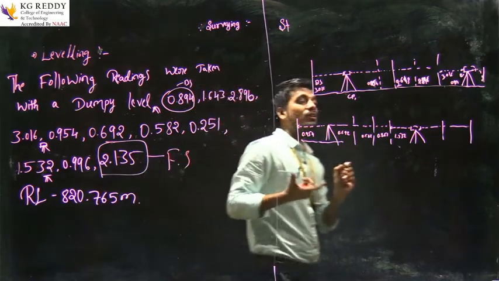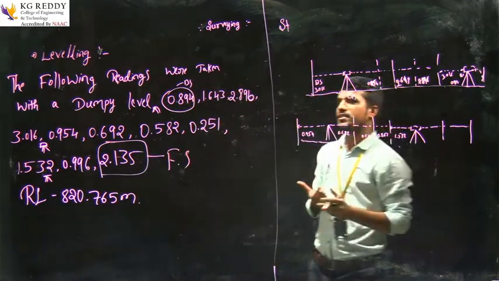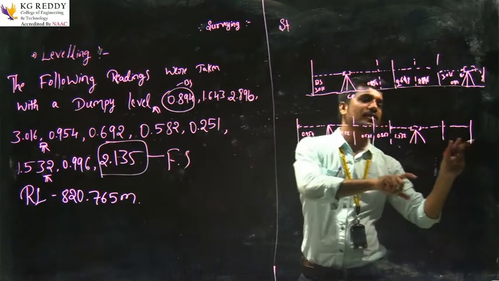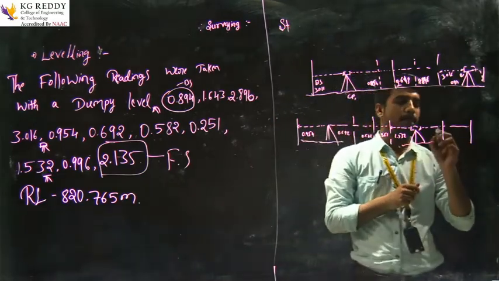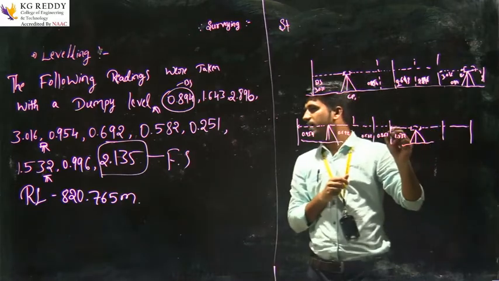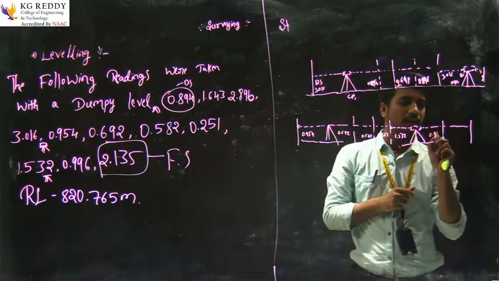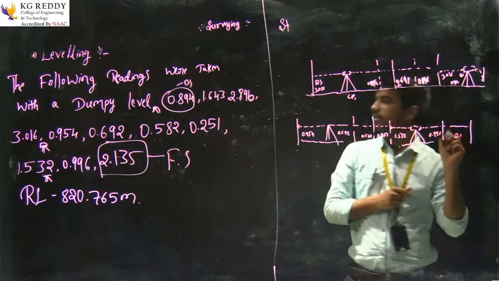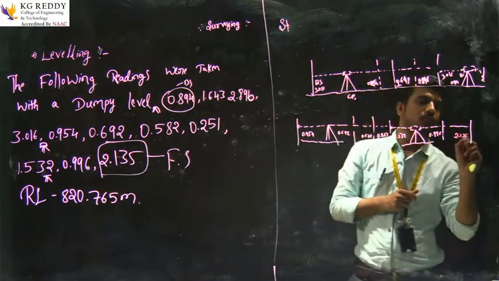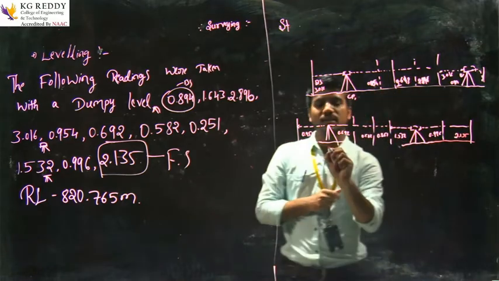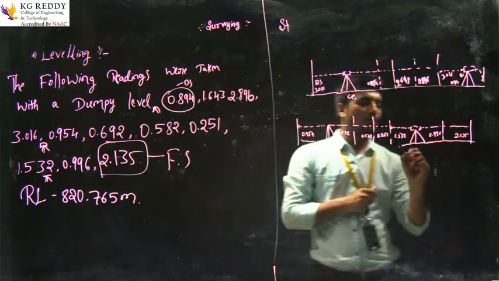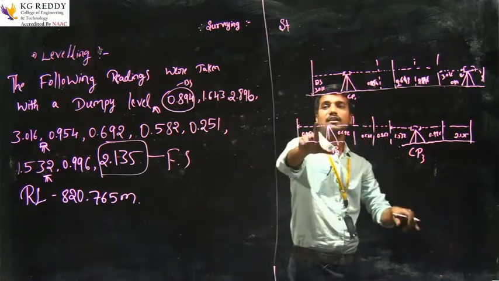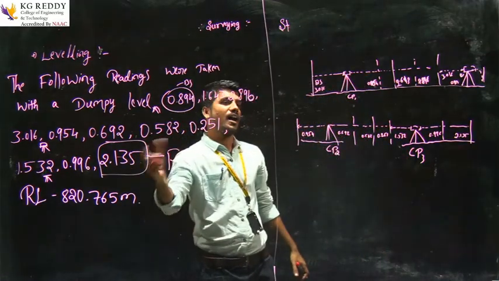The starting point of the survey station is the back side and the ending is the foresight; this is always the rule. What is the reading here? 0.996 and 2.135. This one is change point 1, this one is change point 2 and this one is change point 3, depending on the given readings.